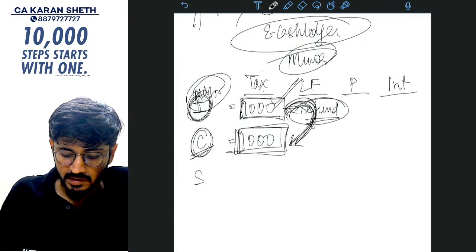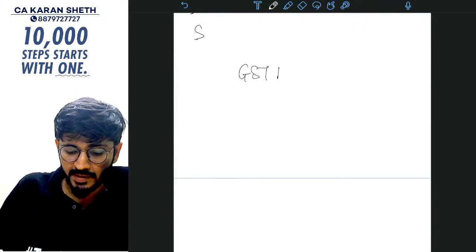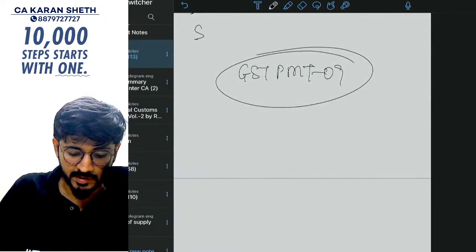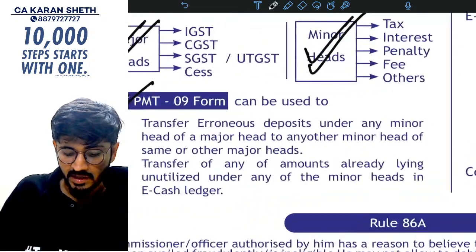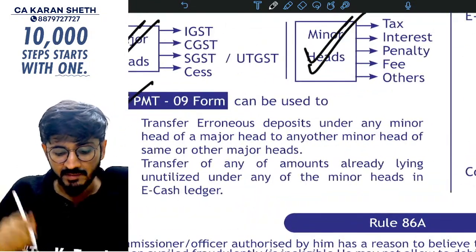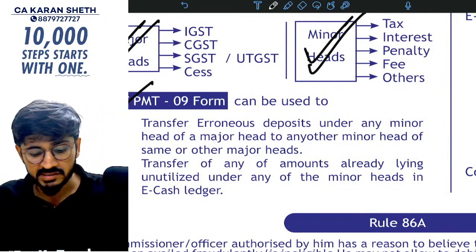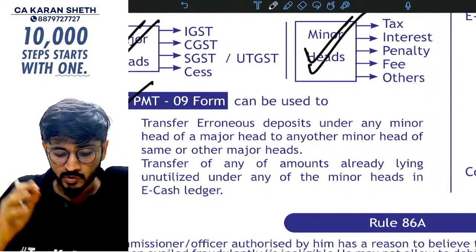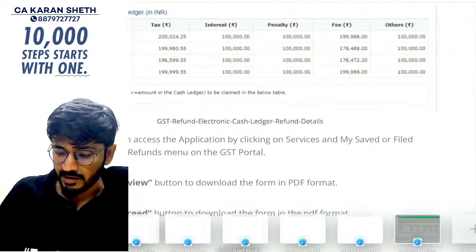But now, after GST PMT 09 form, it is very much possible. You can transfer erroneous deposit under any minor head of major head to any minor head of the same or other major head. Transfer of any amounts already lying unutilized of the minor heads in eCash ledger. For example, let me just show you.